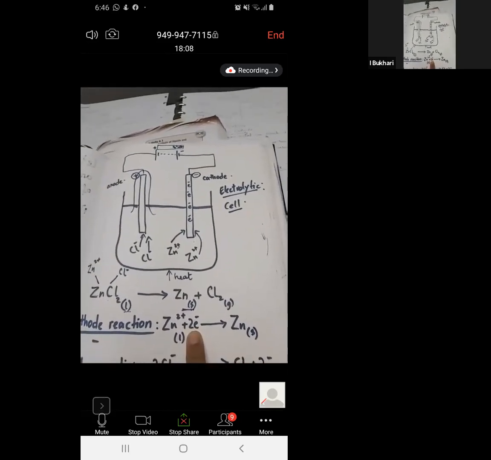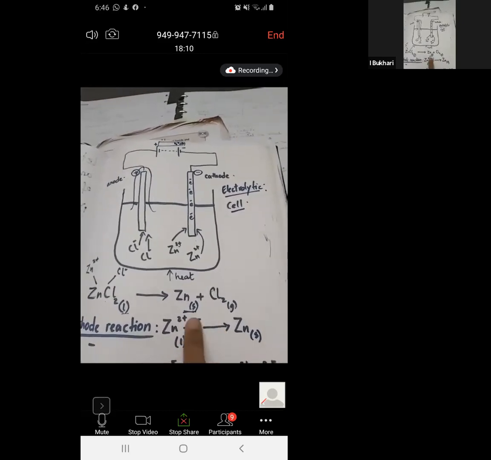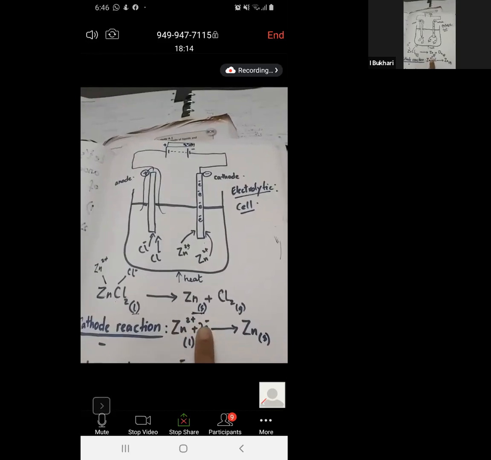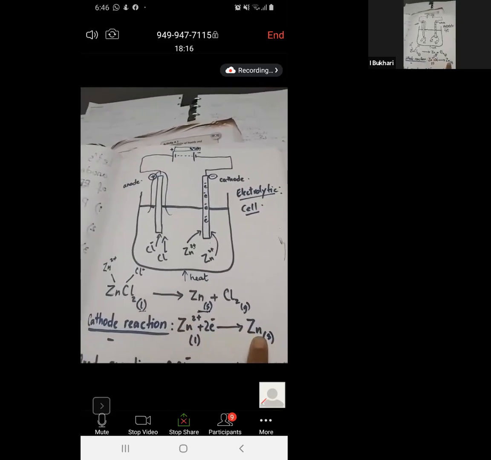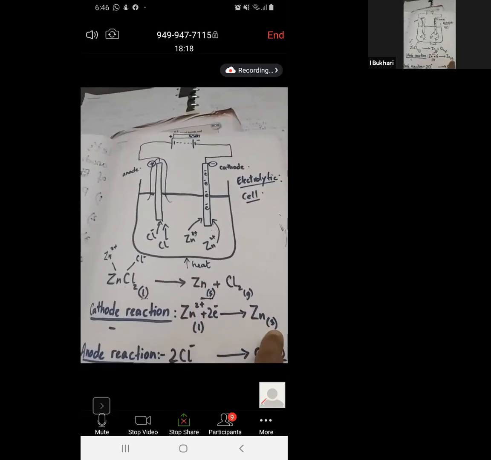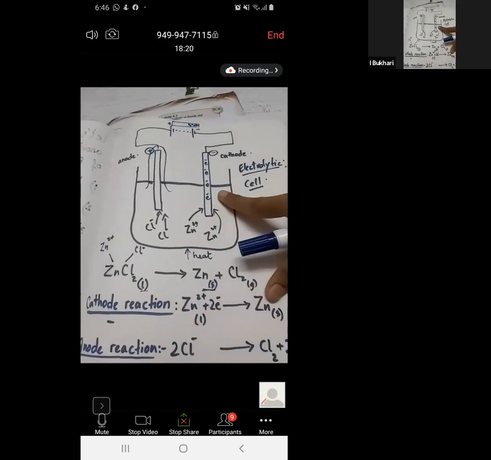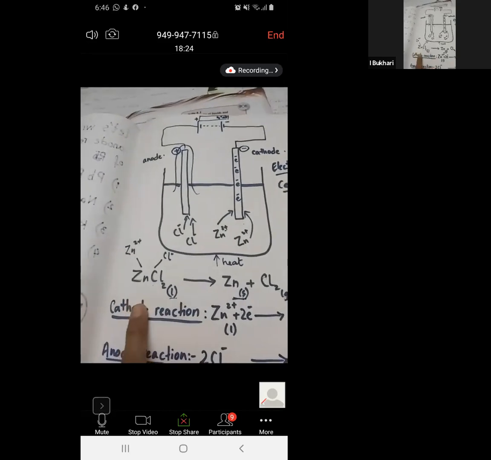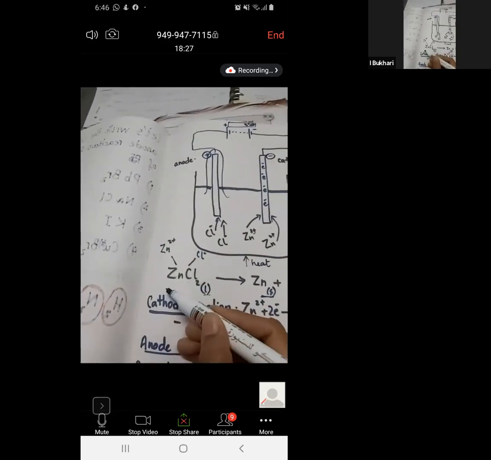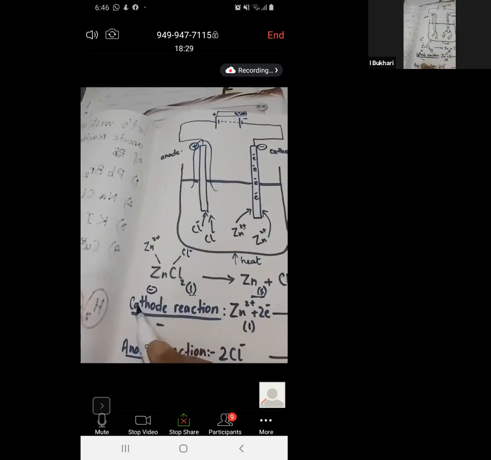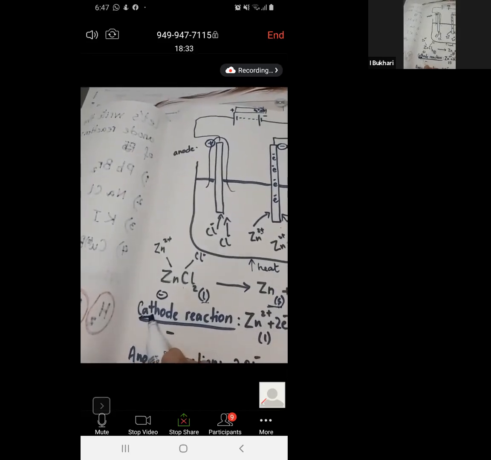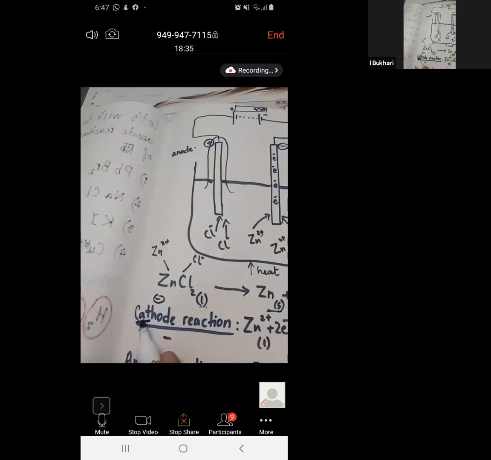It was devoid of two electrons initially, right? So when it accepted two electrons, it neutralized into solid, and that's how it is deposited as a solid. So for the cathode reaction, you know cathode is negatively charged, or you can remember it like cathode, cations. Cations will be attracted towards it.